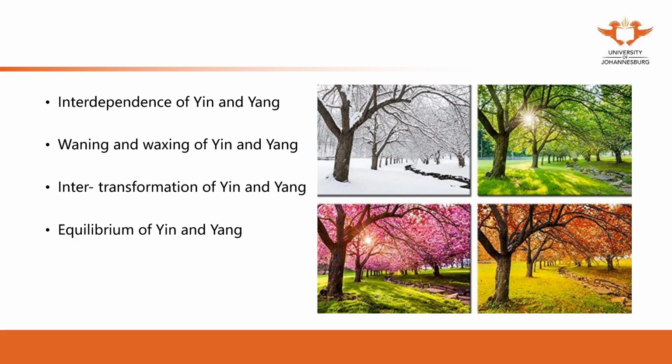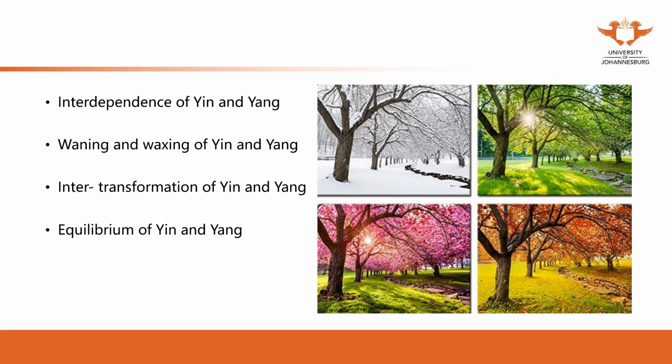Intertransformation of yin and yang. At a certain stage, yin and yang may transform into their opposite parts. For example, from summer to winter, the nature will transform. The climate will change according to the seasons.